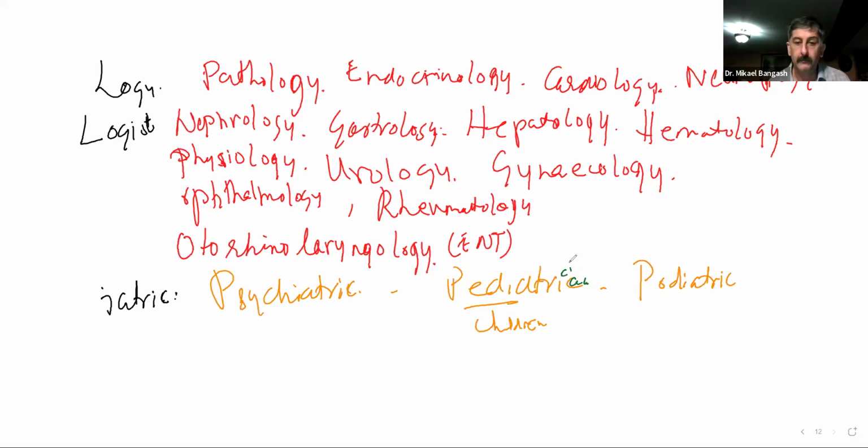Podiatrics is mainly from "pod," which is now your iPods, or means foot. So a foot doctor, he or she is going to be called a podiatrician.